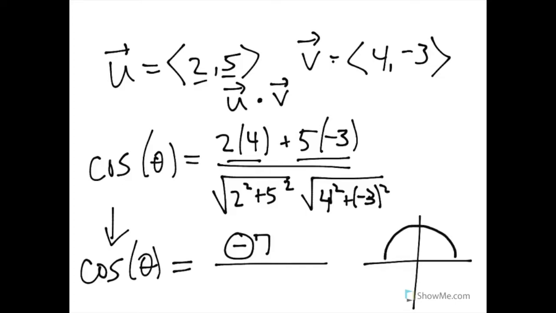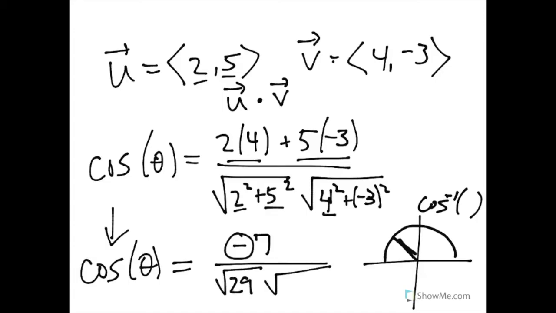We talked about this a lot this semester. An inverse cosine is restricted to these two quadrants over here. So if you take the inverse cosine of a negative number, you should get an angle somewhere over here in quadrant 2. That's something we should expect to see, but that's okay. In the bottom, we have 4 plus 25, which is the square root of 29.